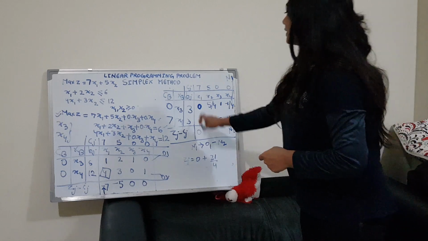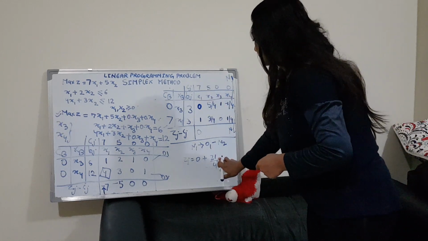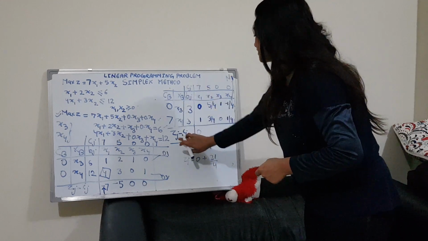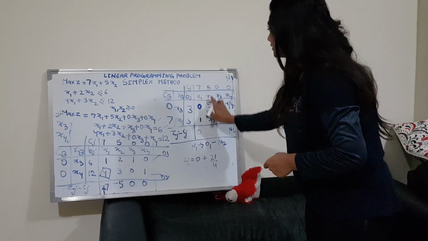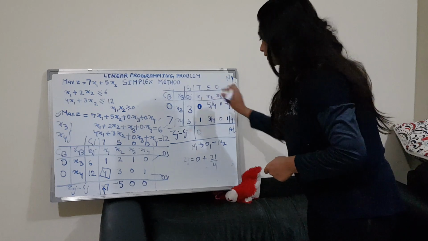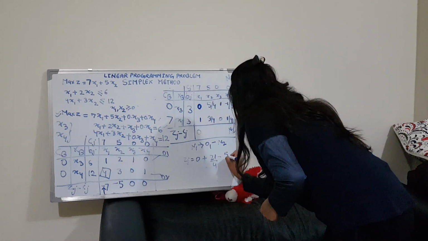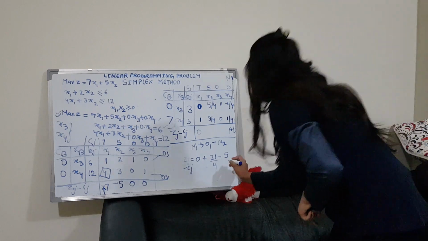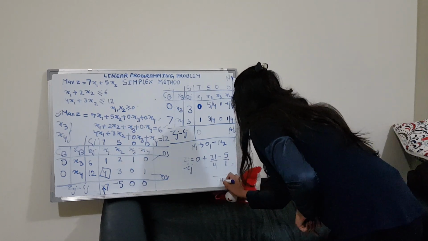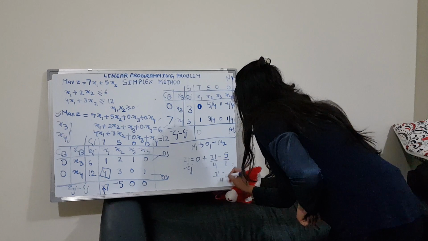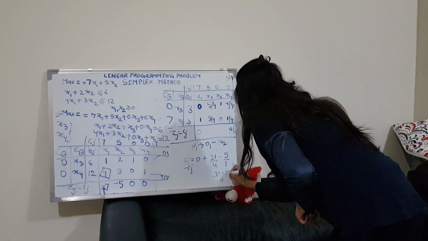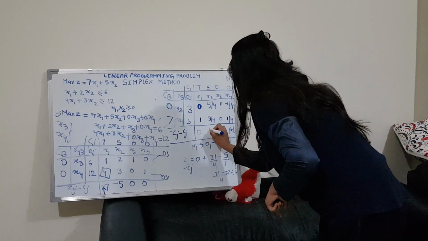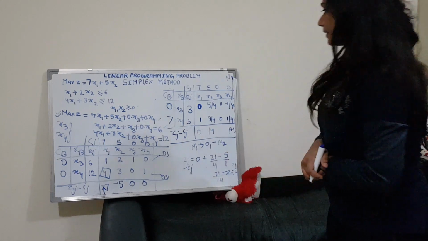Zj value for the second column is 21 by 4 and we will subtract Cj from Zj. Cj for the second column is 5. So we will subtract this 5 from Zj. 21 minus 20 gives 1 by 4. So for the second column Zj minus Cj is 1 by 4.